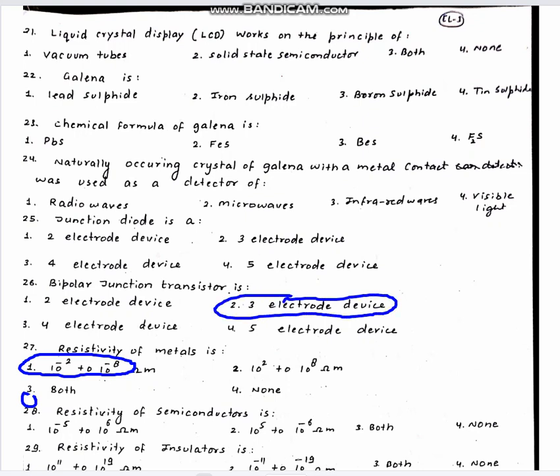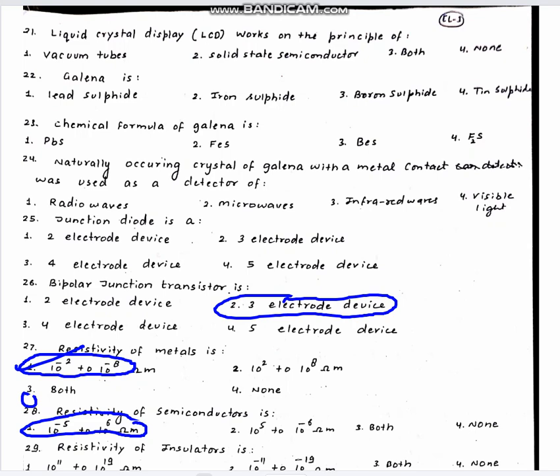Three connections are there by which it can be connected to the external resistance. One is emitter, one is collector, and third is base. Next is resistivity of metals. Metals have very low resistivity. First is correct. Next, resistivity of semiconductors lies between these. First is correct over here.